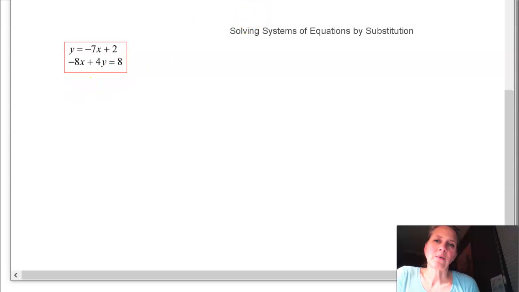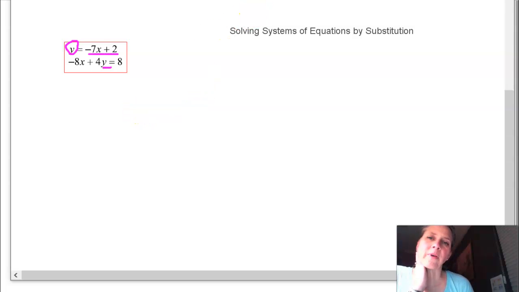So what we're going to do is point out exactly what's going on with that. We have this y here, and we have a y right here as well. So we're going to take this whole thing right here, and we're going to substitute it in for that y.